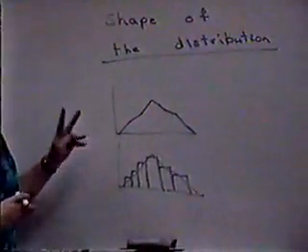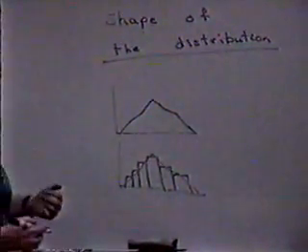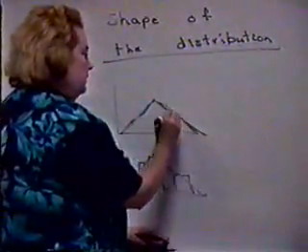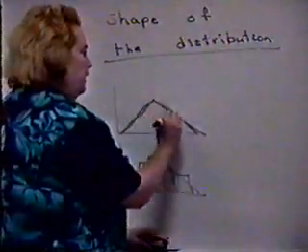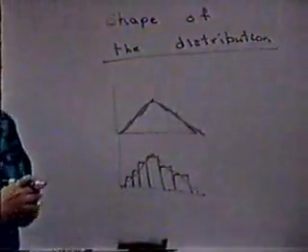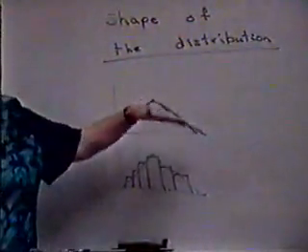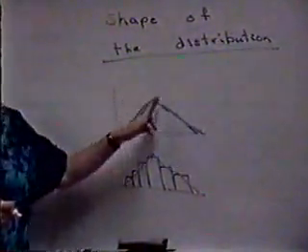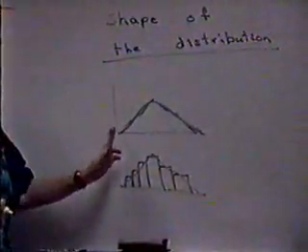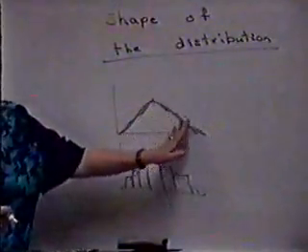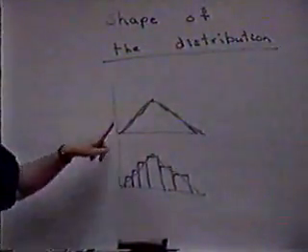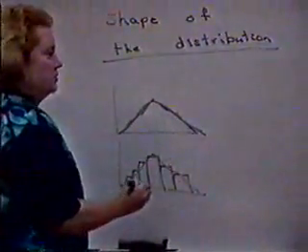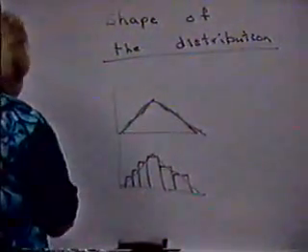What we think of when we are picturing the shape of the distribution is that we smooth out this shape. If you just have 10 or 20 numbers, you have sort of a jagged look. If you had 1,000 numbers and maybe 20 bars, you can kind of smooth out the shape a little bit. When this shape is like this, it is called symmetrical.